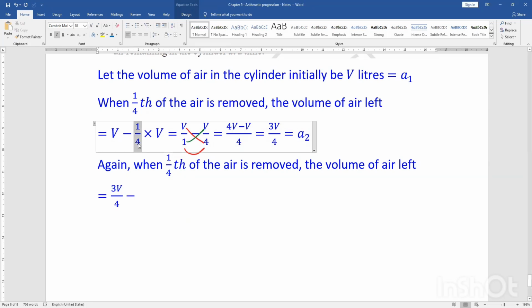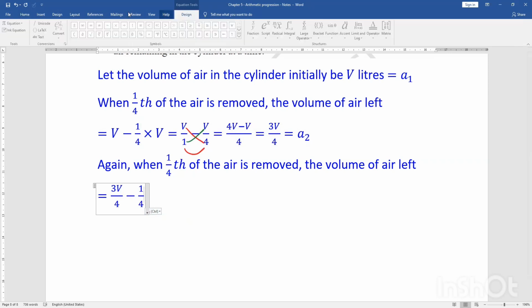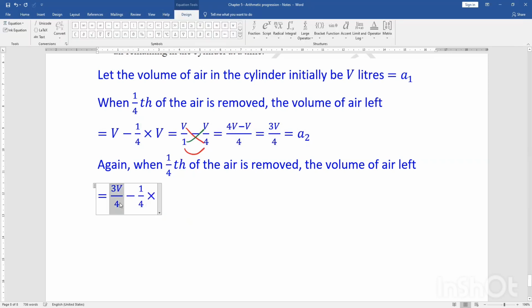So 1/4 of the initial volume, that is 3V by 4, right? So this will be equal to, I'm going to write this 3V by 4. The first term remains as it is.